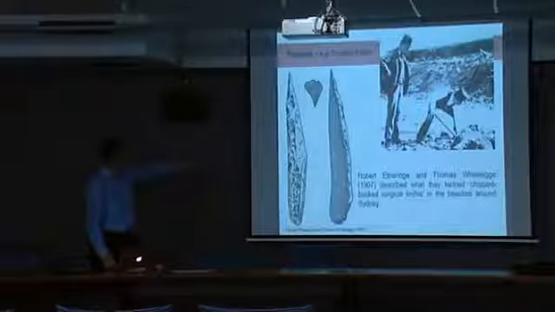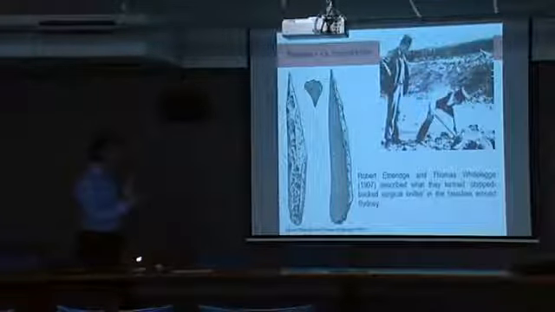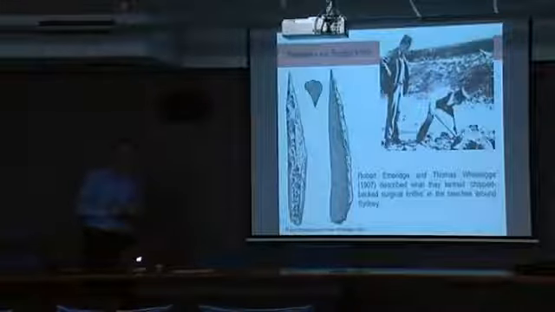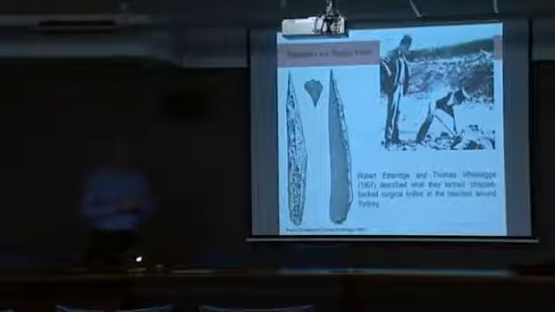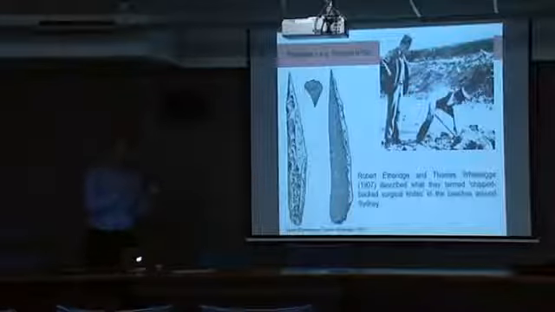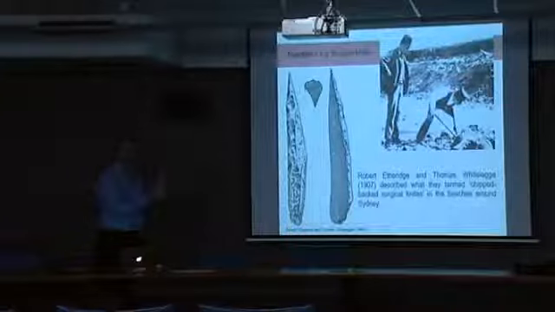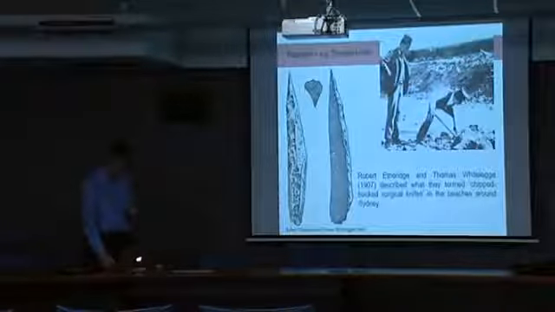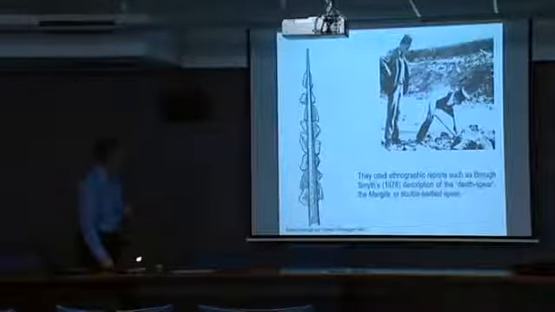And this is one of his illustrations, and the great thing about the illustration is you immediately know what it is, and you immediately know that he didn't know what he was really looking at, because there's no details. None of those scars are shown. He's operating on general shape, not being a modern archaeologist.